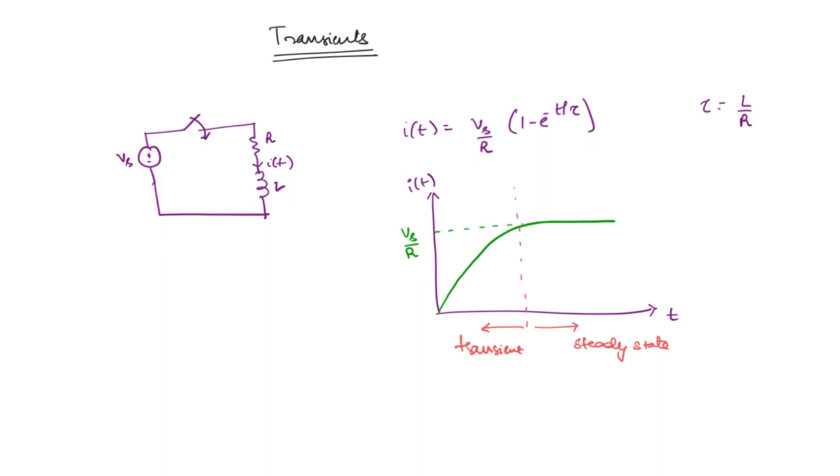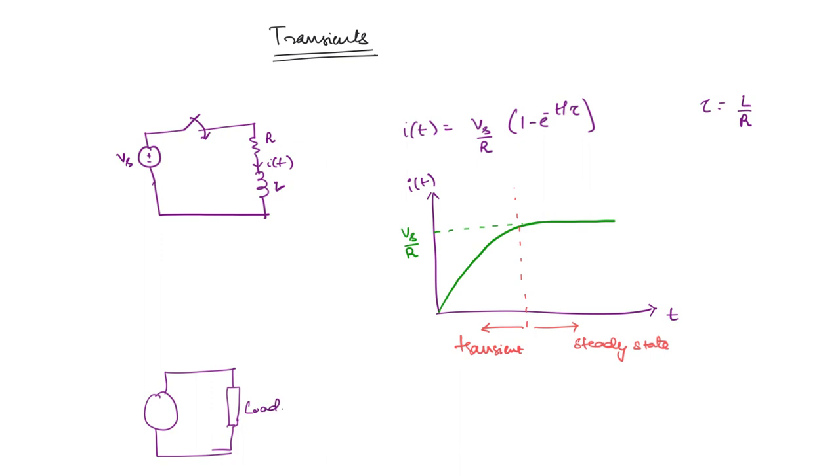Similarly, when you have a generator supplying a load, as an electrical circuit it is not very different from this. This is also a generating source giving you a voltage, so it is also a voltage source, and the load can be considered an RL load.